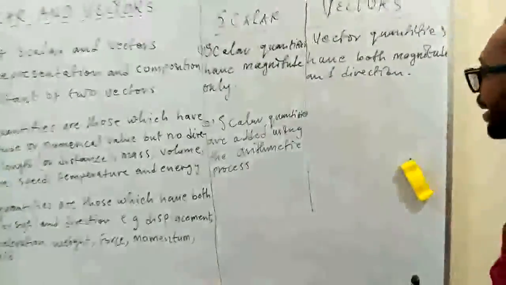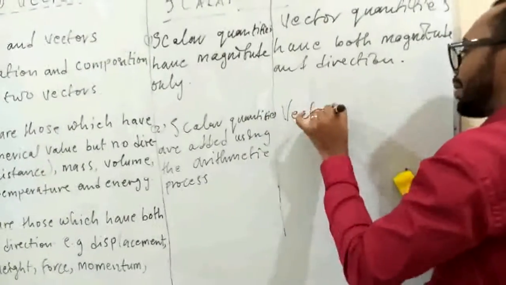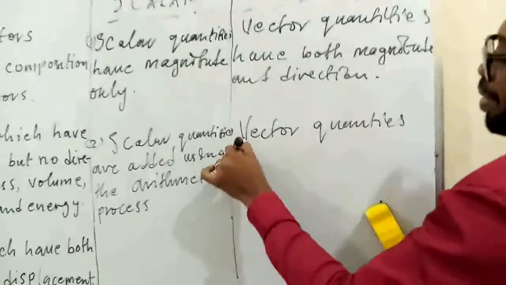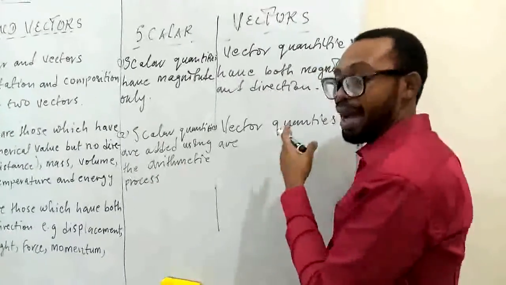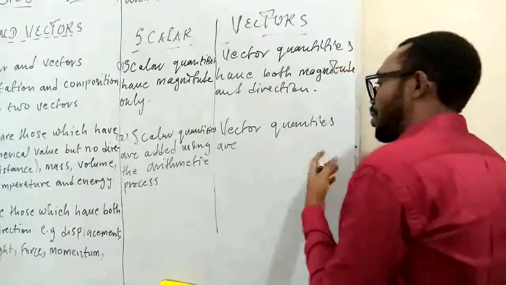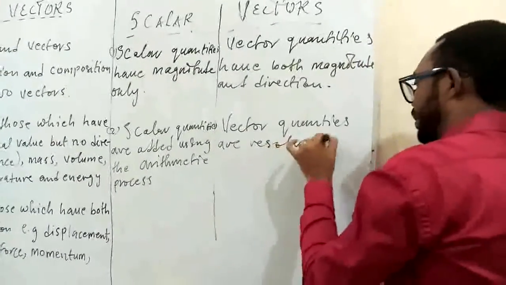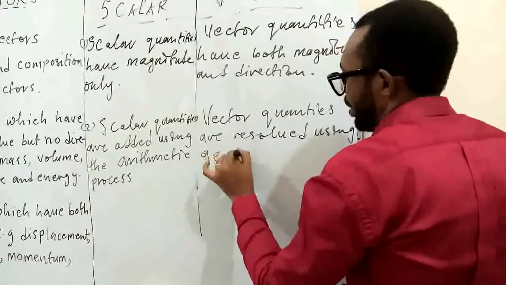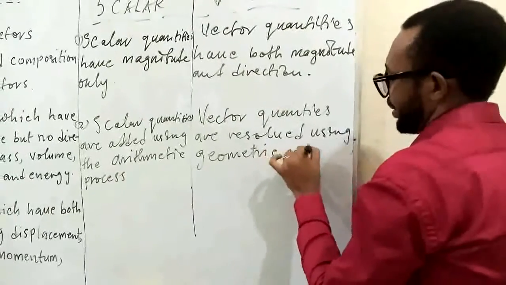Whereas vector quantities, you don't say added, you can say they are resolved. Just like we said are added here, you can say either they are added or they are resolved. Vector quantities are resolved using geometric analysis.